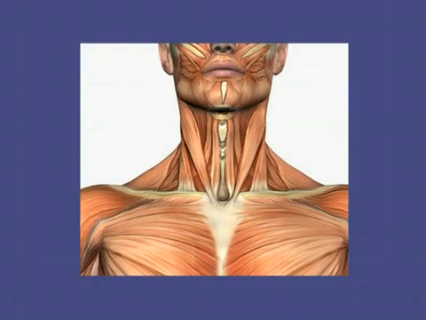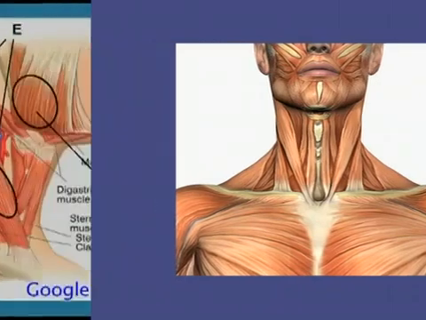Just after the splenius group, the next group of posterior muscles comes. This is the semispinalis group. It consists of two muscles, semispinalis capitis and semispinalis cervicis. It is seen deep to the splenius group, and it produces extension of the head and neck, as these are posterior muscles.